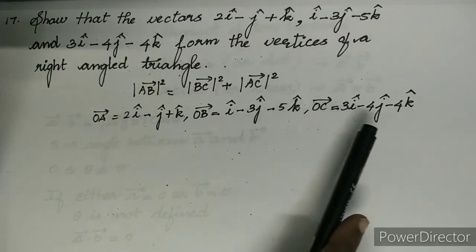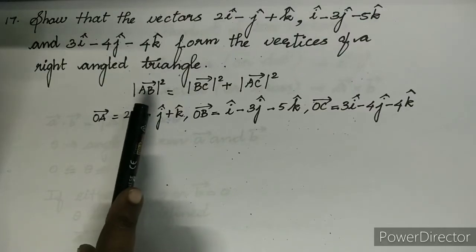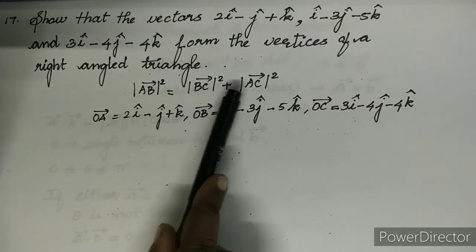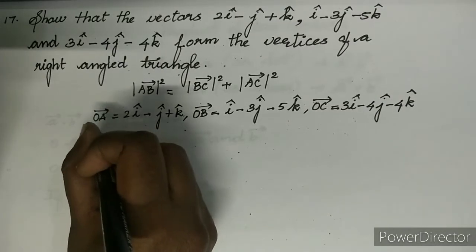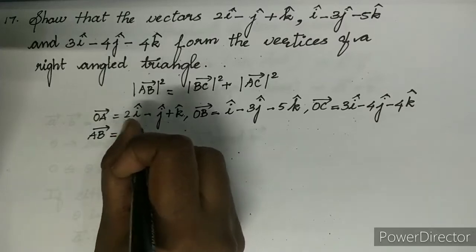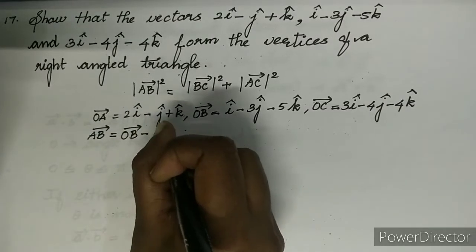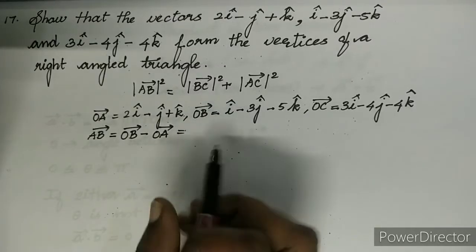Using these position vectors of the points A, B and C, we are going to find the vectors AB vector, BC vector and AC vector. AB vector is equal to OB vector minus OA vector. OB vector is this one.